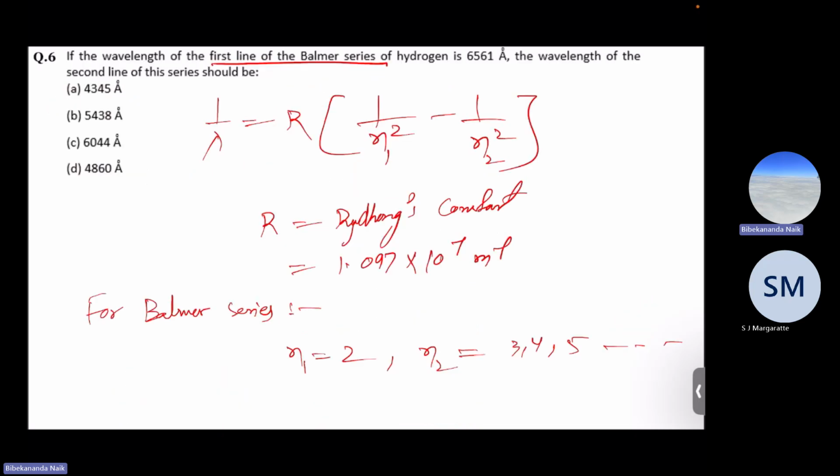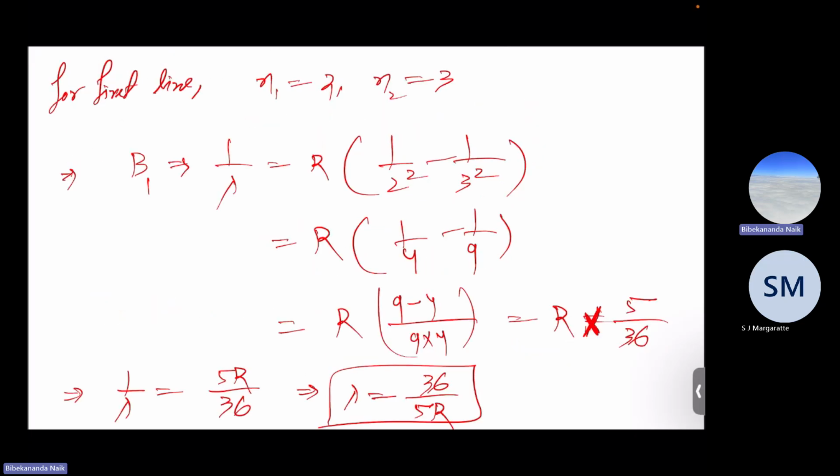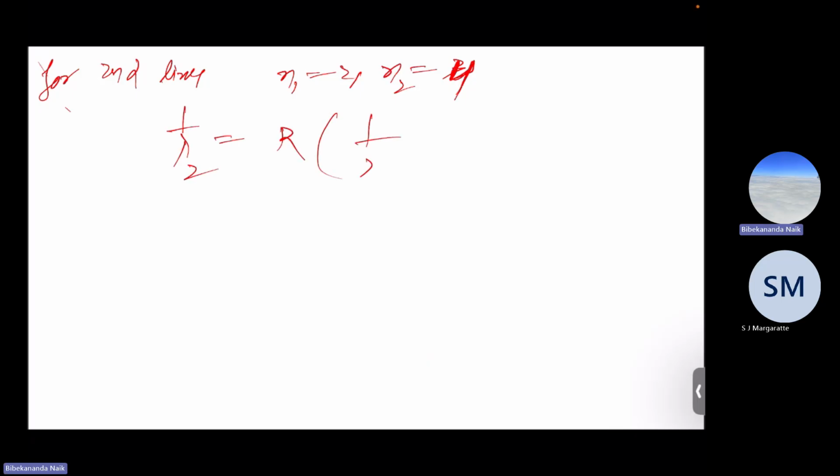Now the question says, if the first line is 6561 Armstrong, what is the wavelength of the second line of the series? So for the second line, N1 is 2 and N2 is 4. So it will be 1 by lambda 2 equals R into 1 by 2 square minus 1 by 4 square.